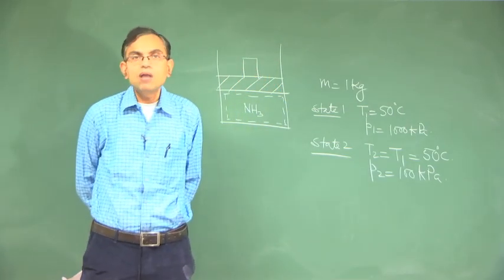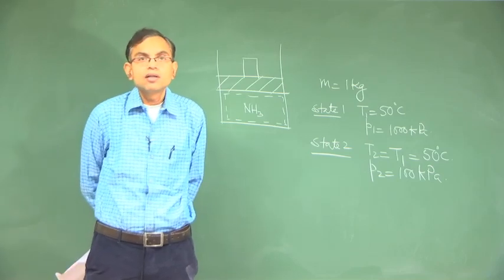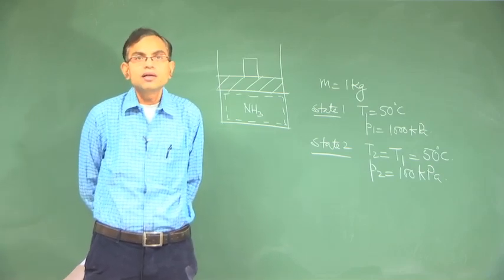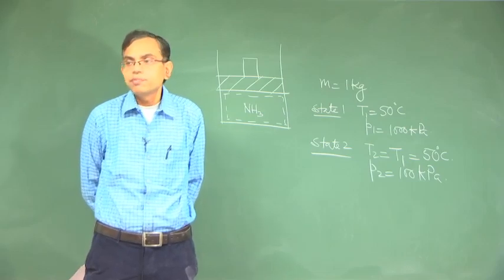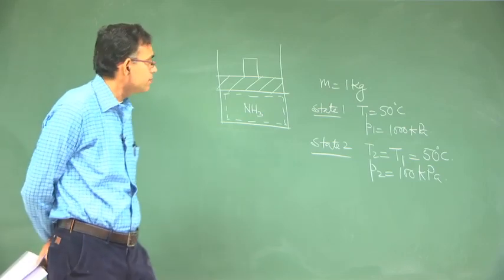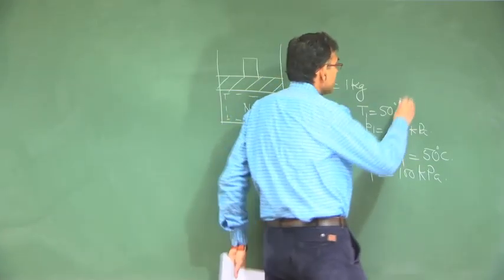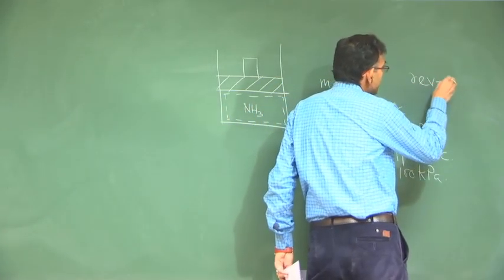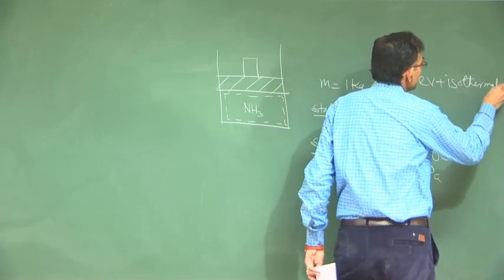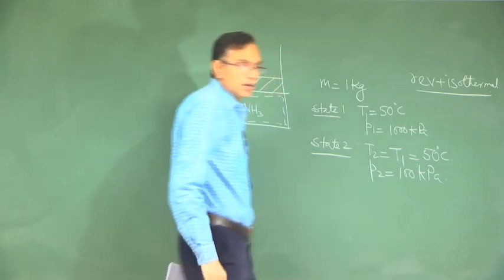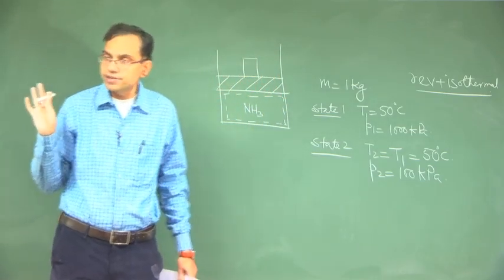I will solve the problem in the intuitive way, the way in which it should be done, and then I will tell you where students make mistakes in solving this problem. What is given about the process from 1 to 2? It is reversible plus isothermal. When it is reversible, you can use del q equal to TdS.